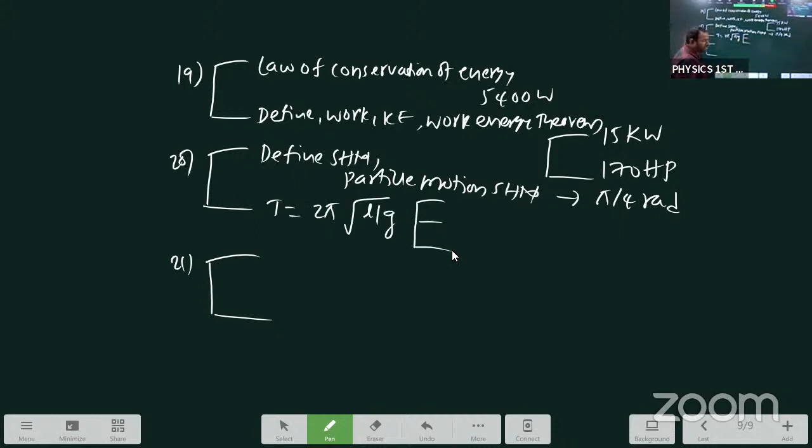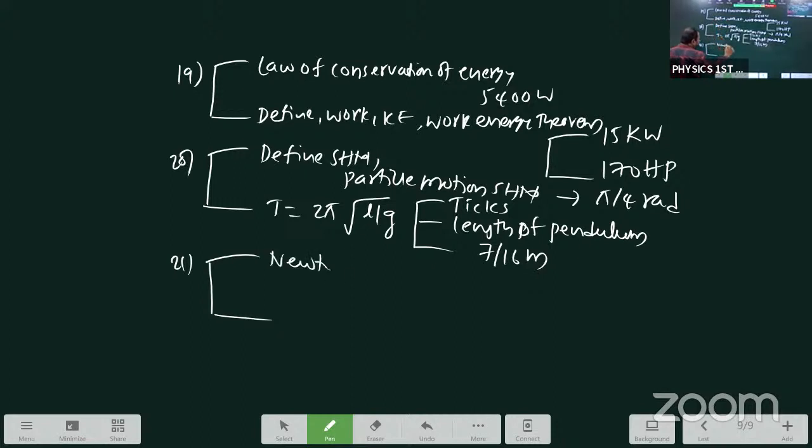For this one, 3 special cases, students. One is ticks. Next one, length of pendulum. Length of pendulum 1 meter. Next, 7/16 meter decreased. That is the problem. From this, 1 and from this, 1, we are going on the extra safe side.